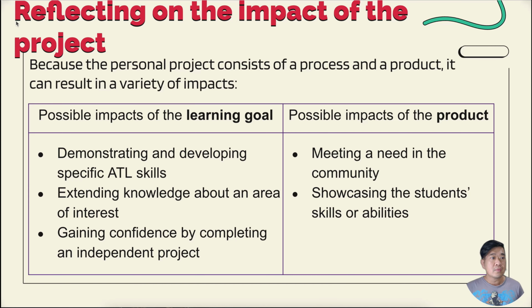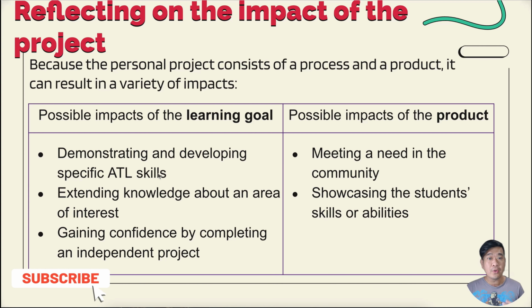Okay, so reflecting on the impact of the project. Of course the personal project is built on your learning goal and your product. In the learning goal, how are you demonstrating your ATL skills? Make sure you are showing one ATL skill for your learning goal and one ATL skill for your product.